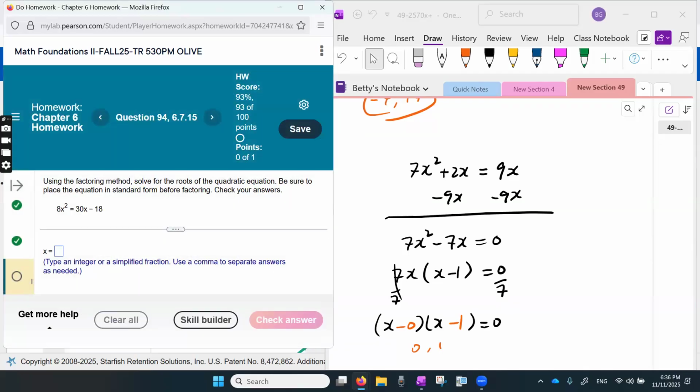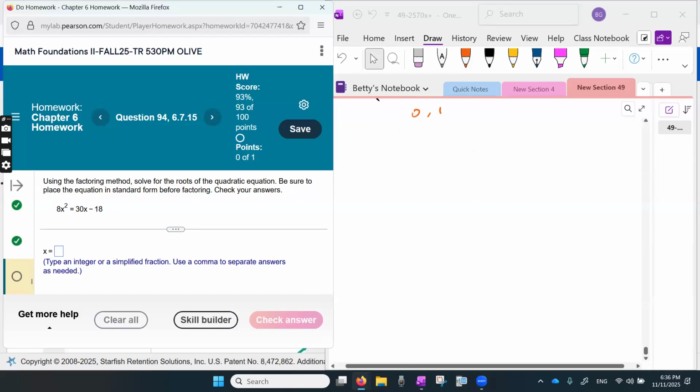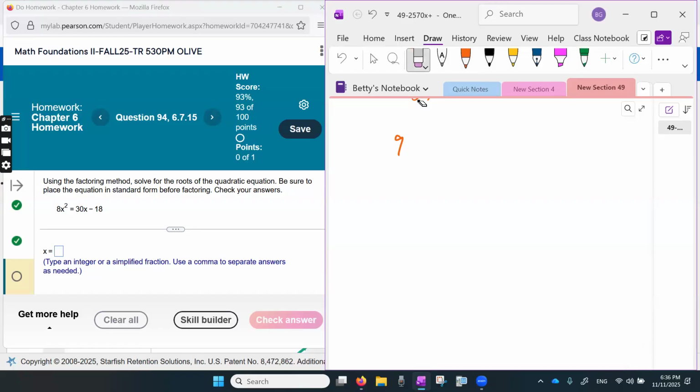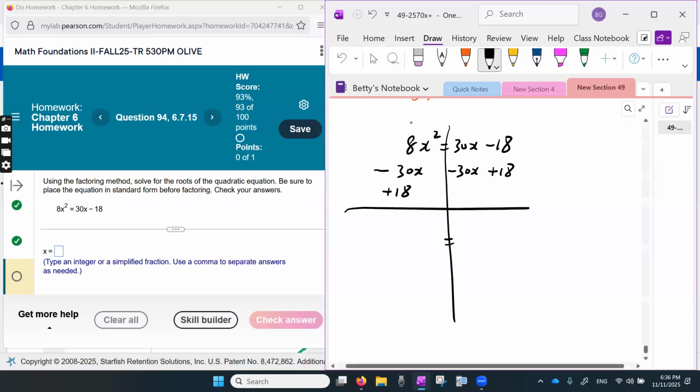Question number 94. Okay, this one, we need to keep the right side be 0. We have 8x squared equals 30x minus 18, right? We want the right side be 0, so we're going to minus 30x plus 18. Then the right side is 0.